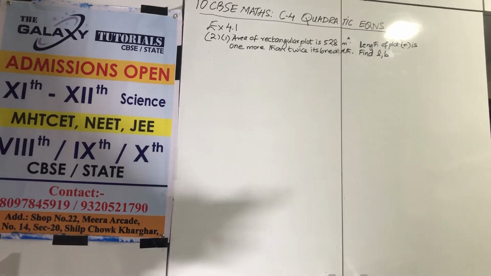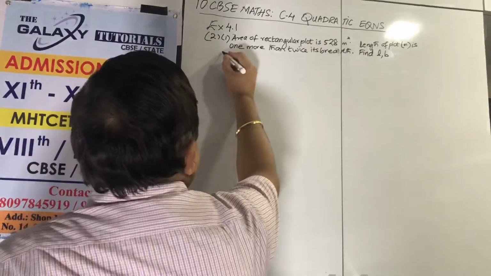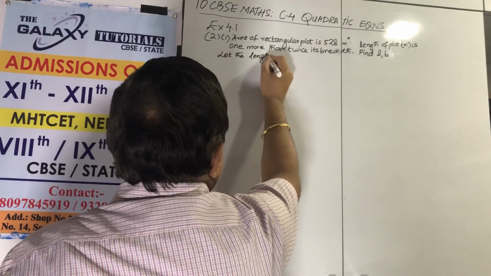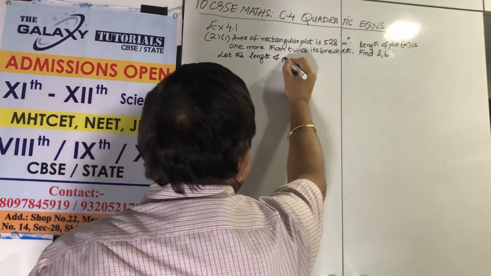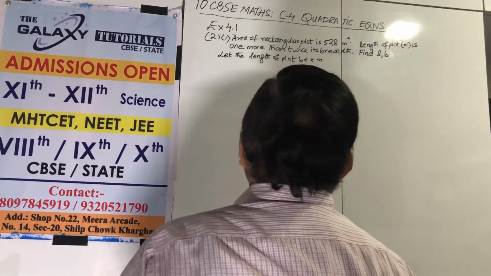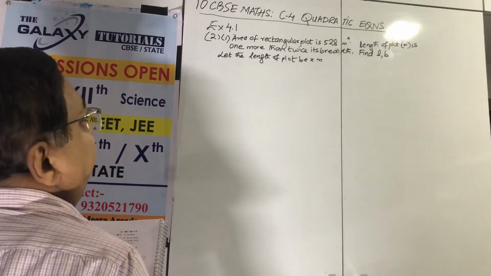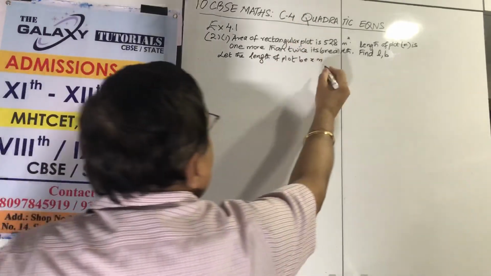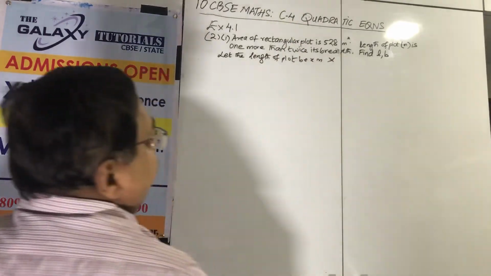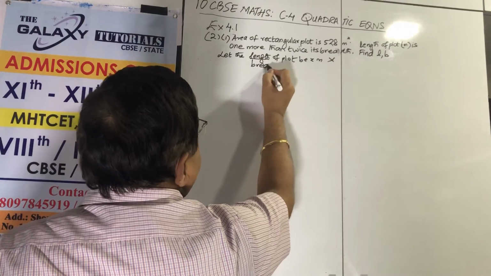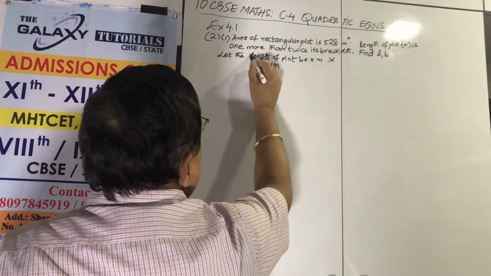So first we will say, let the length of the plot be x meters. Okay. Now, if you take length, it says length is one more than twice the breadth. So do not start writing as you read, and instead let the breadth of the plot be x.